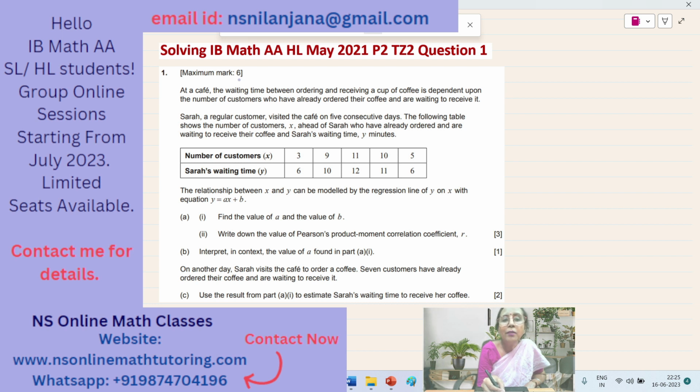The maximum mark for this question is 6 and it says at a cafe, the waiting time between ordering and receiving a cup of coffee is dependent upon the number of customers who have already ordered their coffee and are waiting to receive it. Sarah, a regular customer, visited the cafe on 5 consecutive days.